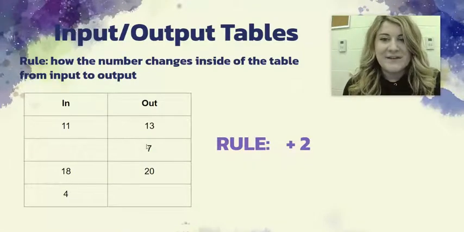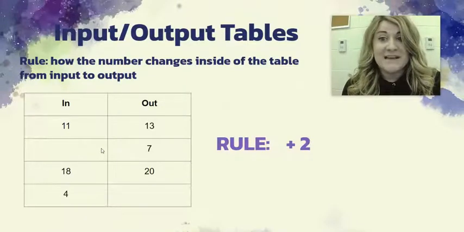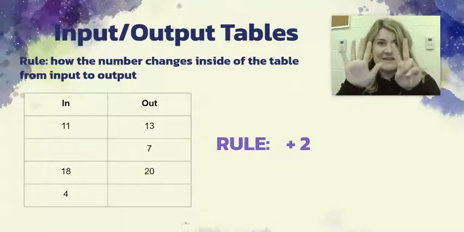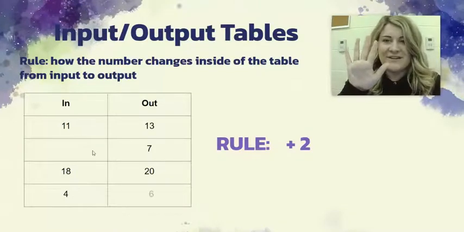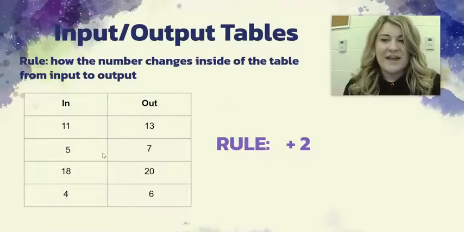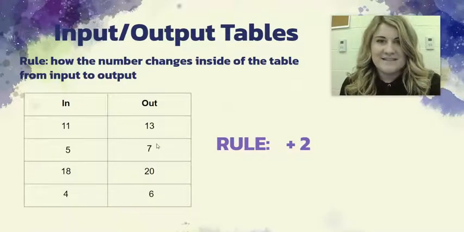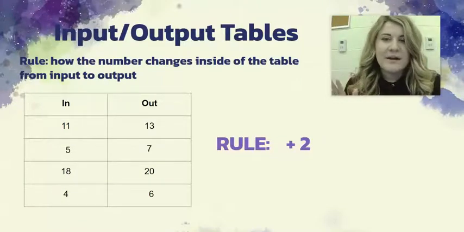So instead of 7 plus 2, we're going to do 7 minus 2 because we're sending the 7 backwards through the machine. 7 take away 2 is 5. Because it is going through the machine as a 5, and then plus 2, it would come out as a 7. We had to do it backwards to figure out what it was before that, okay? I know it's a little bit weird, but just stick with me. I promise it'll get easier, okay?